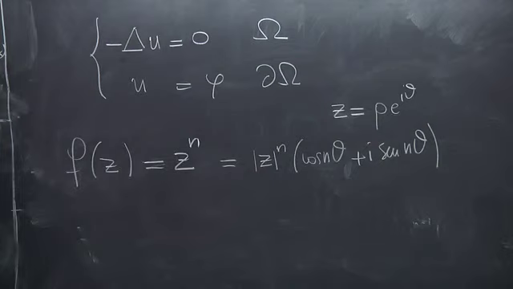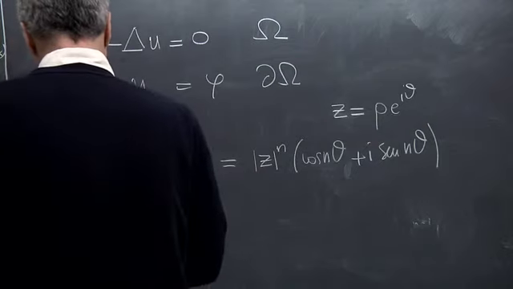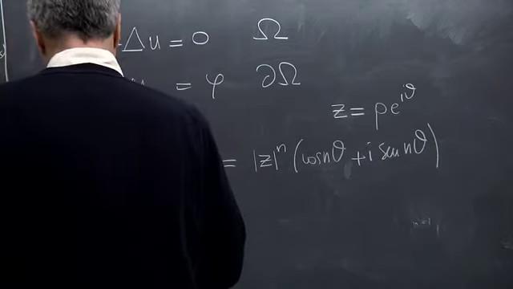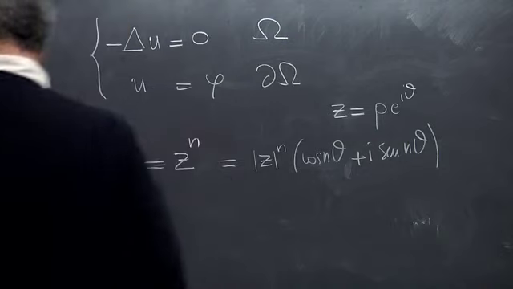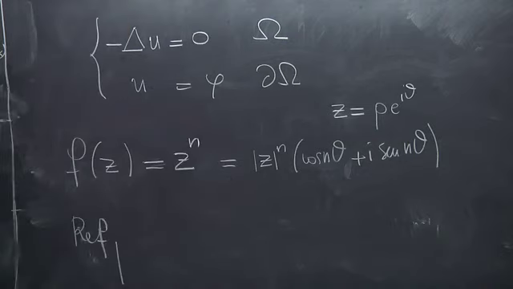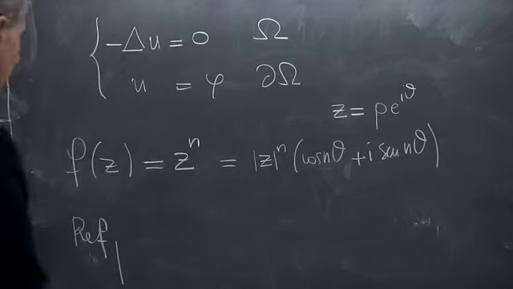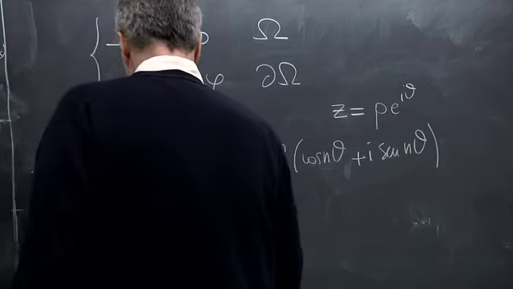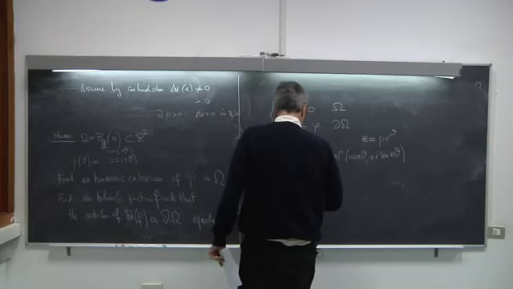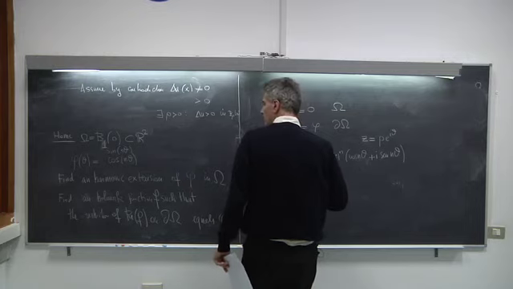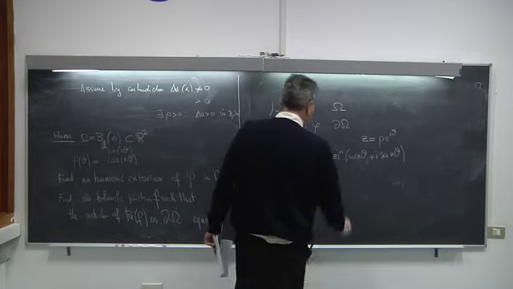Now if I take the real part and I restrict it to the boundary, the circle of radius 1, this is exactly the cosine of n theta.